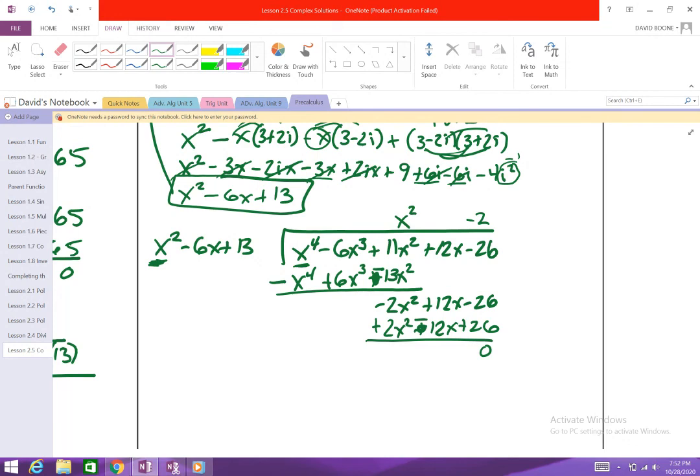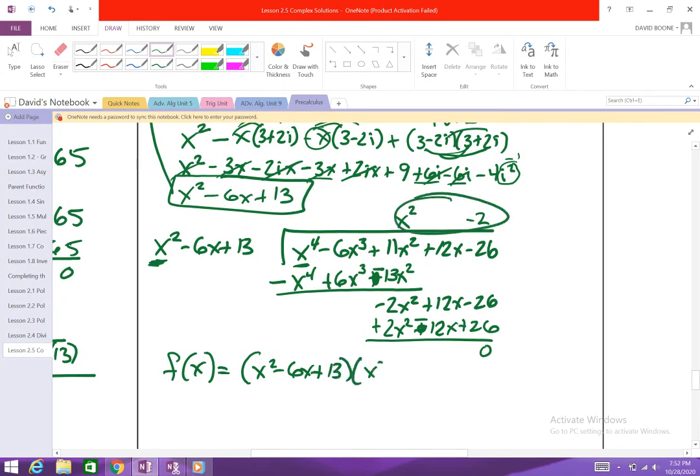Again, it should give a remainder of 0 because we determined that was a factor there. So what we have now is, again, we've got that factored. The original problem is now factored into x squared minus 6x plus 13 times x squared minus 2. So there's our original polynomial factored.